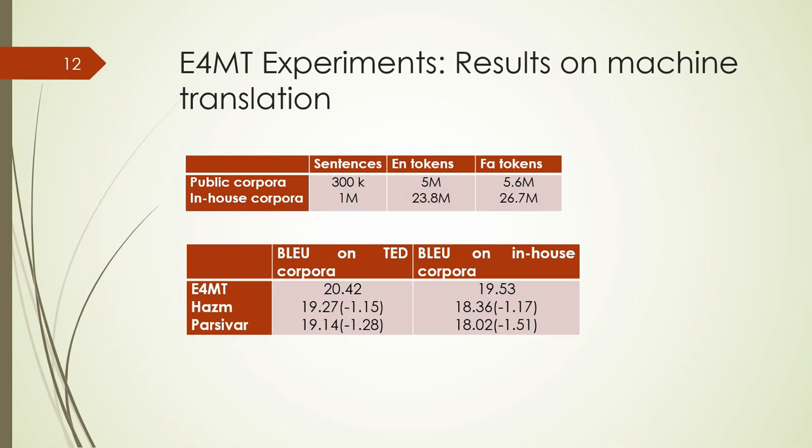The experiment has been done on two English-Persian parallel corpora, a publicly available corpus and an in-house corpus which is 5 times greater. We can see their statistics in this table. And as we can see in this table, applying E4MT improves the BLEU measure over both HAZM and Parsivar.